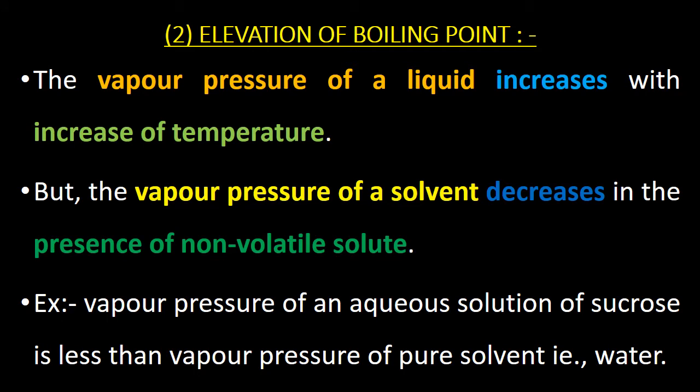The vapor pressure of a liquid increases with increase of temperature, but the vapor pressure of a solvent decreases in the presence of a non-volatile solute. For example, the vapor pressure of an aqueous solution of sucrose is less than the vapor pressure of the pure solvent, that is water.